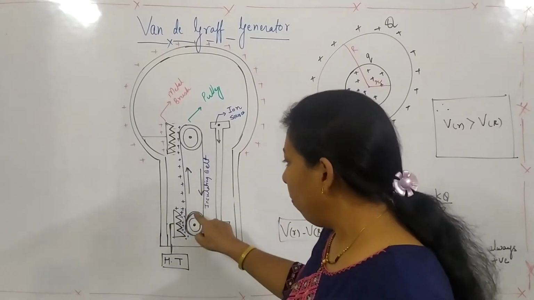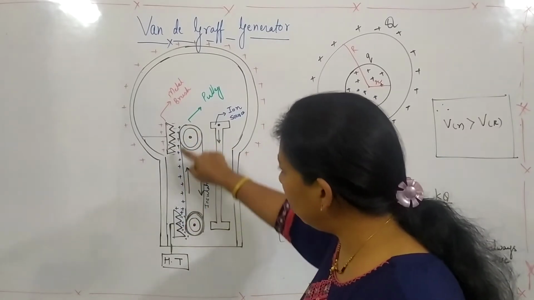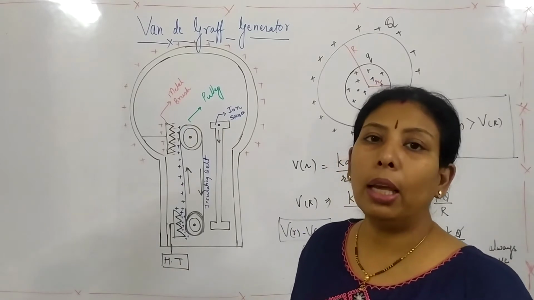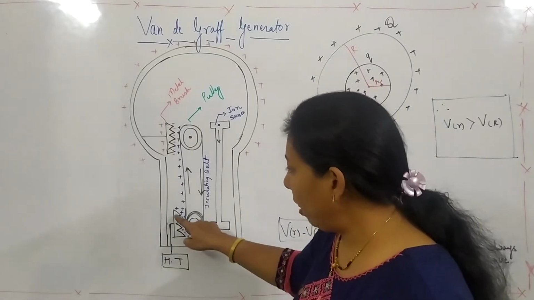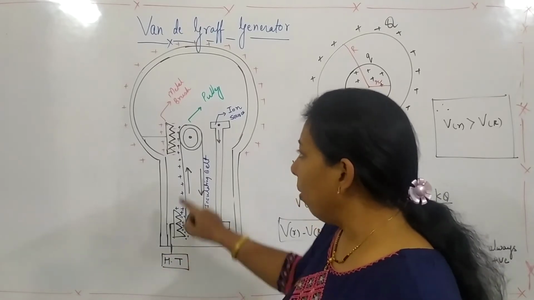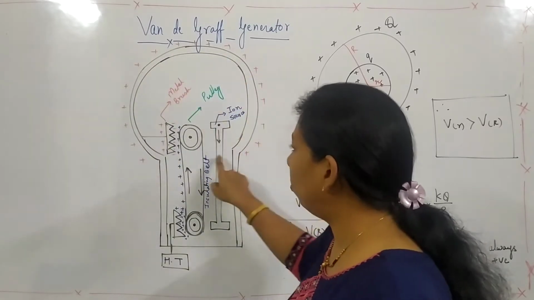So what happens? We have a pulley here, and a conveyor belt is moving on this pulley, and this conveyor belt is made up of an insulating material, right? Then we have metal brushes here, and this is connected with a high tension battery. We have one more metal brush here which is connected to this big conducting sphere.